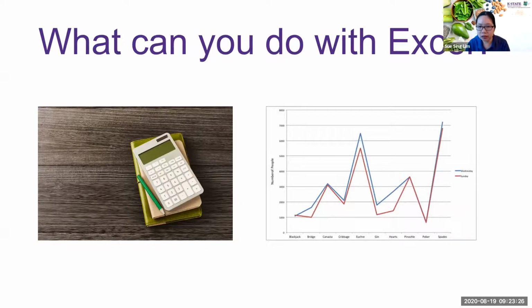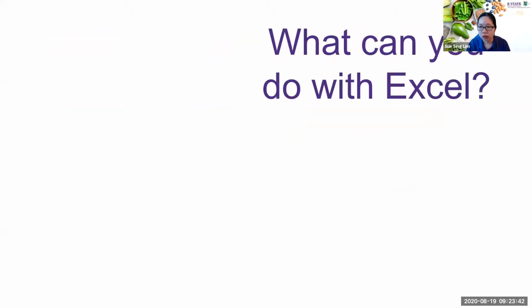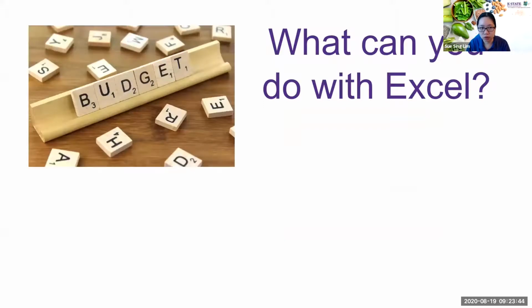You might think these are not really relevant to you, because your job is mainly teaching and communicating with your stakeholders, going to partnership meetings, going to coalition meetings. But there are other things that are very, very useful. As I mentioned, budget.